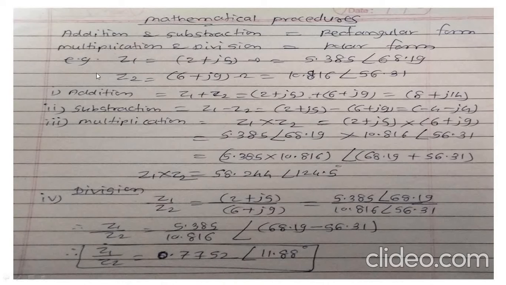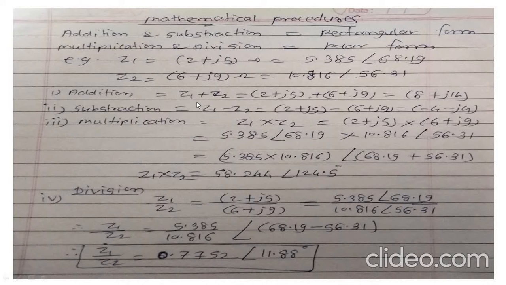So in this slide, we'll go through all the mathematical procedures with the help of one example. Suppose you have two values, Z1 is equal to 2 plus j5 ohm, that is impedance 1, whose polar value is 5.385 at an angle of 68.19, and impedance Z2 is equal to 6 plus j9 ohm in rectangular form, whose polar value is 10.816 at an angle of 56.31. Now suppose we have to do the addition Z1 plus Z2.